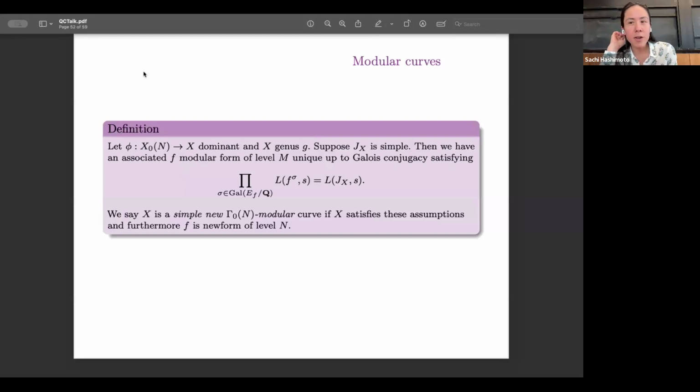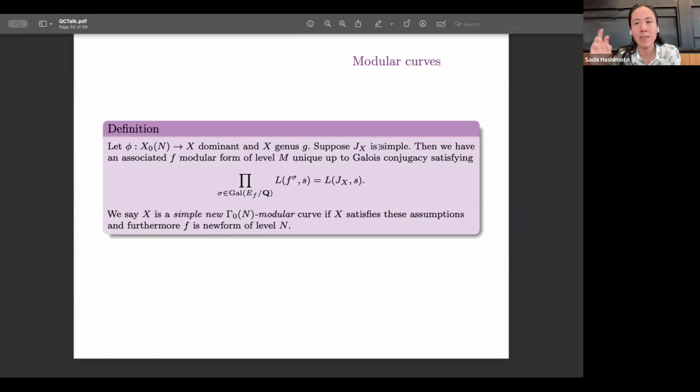So the theorem I'm going to write down works only on some modular curves. The case I'm going to consider is when I have a dominant map from X_0(N), and I'm of genus g. In addition, I'm going to suppose my Jacobian is simple.